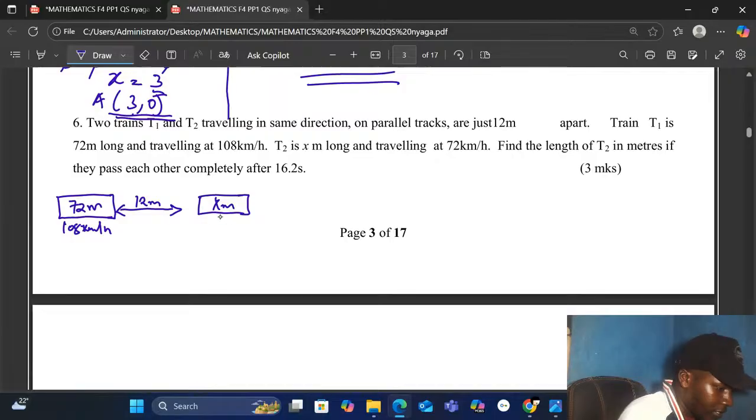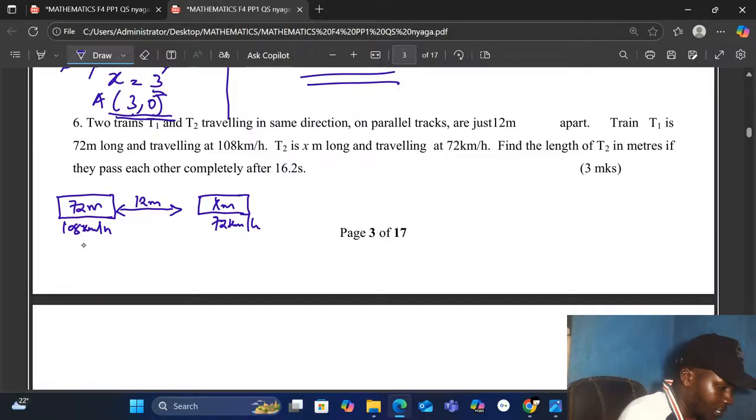Then the train T2, 72 kilometers per hour. So that is how we interpret the question. So that we can now look for the relative speed of the two.